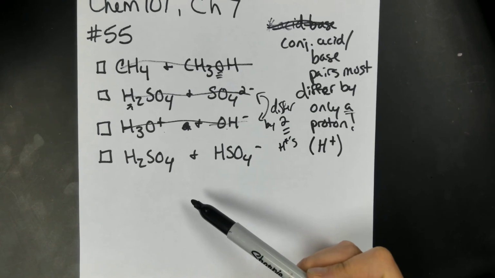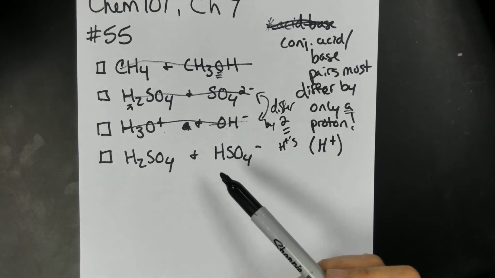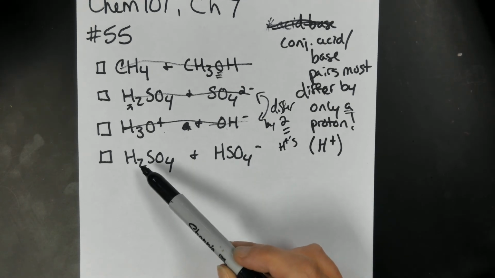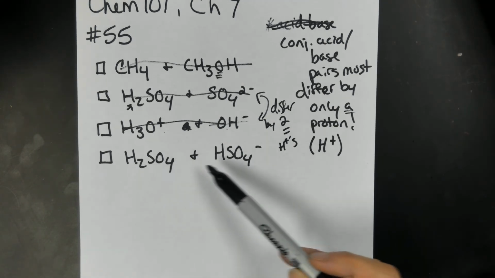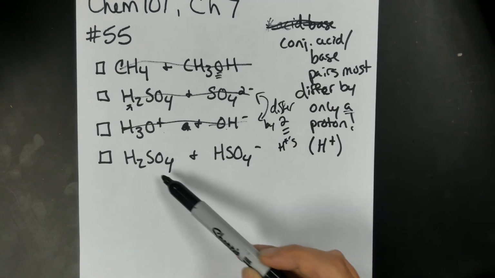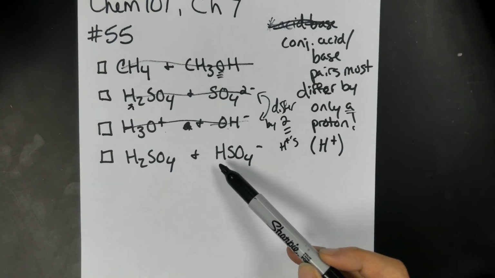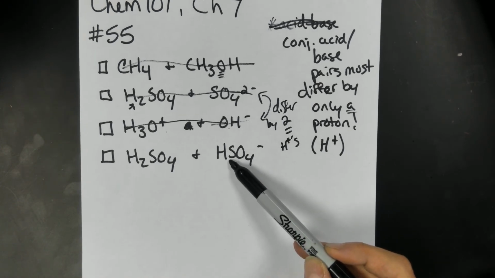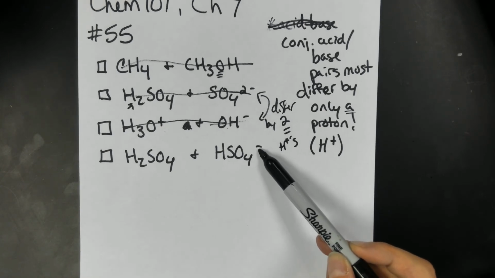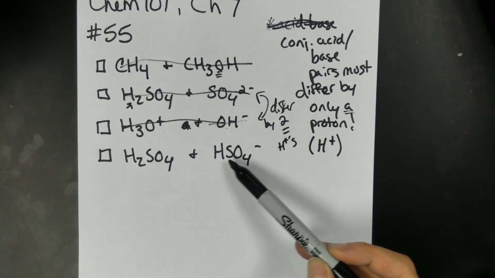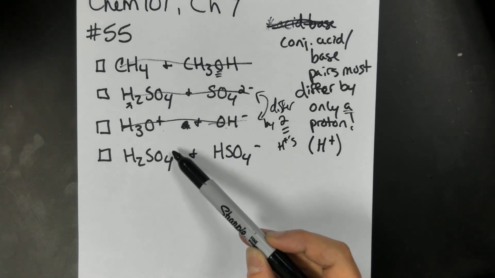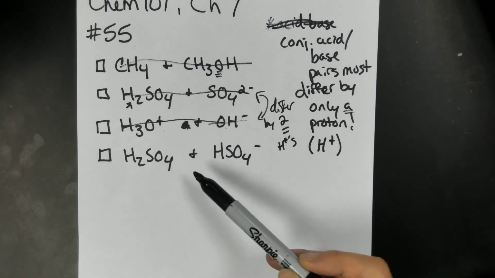How about the last one? It's got to be this one, right? Let's see if we got lucky. Do these differ by only 1 hydrogen in the formula? Correct. If I were to take this and add an H+, what would my charge be now? Remember, this is -1 right now. If you add an H+ to this, the charge becomes neutral, and it is in fact neutral on this one.